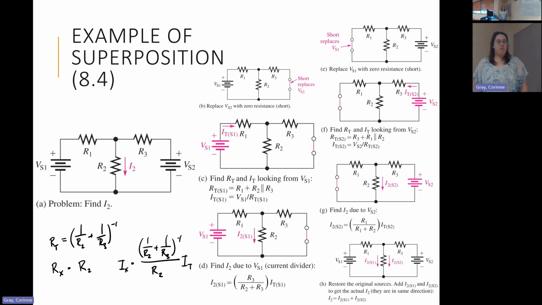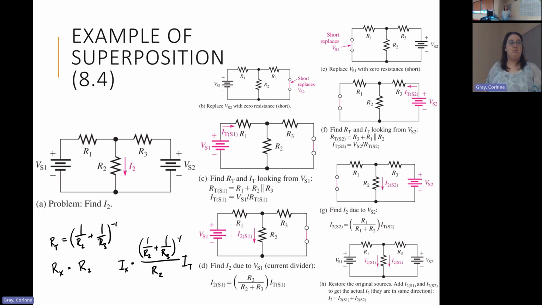So all we would need to do at the very end here is just add the two currents together. So we're going to take the current from the source on the left, take the value from the source on the right, add those together, and that will be the total current that flows through this source. So this is the general procedure for superposition.